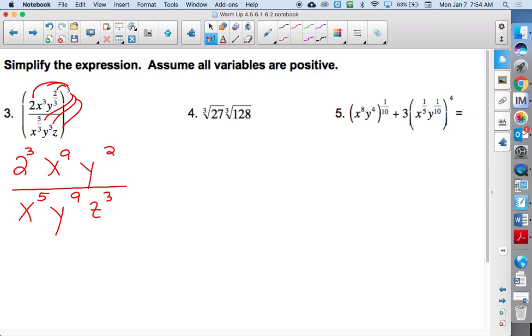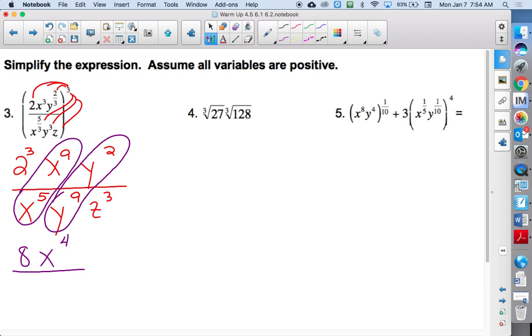So simplifying it a little bit here, Maggie, what is 2 cubed? 8. And then looking at the x's, what does that become? Good, x to the 4th. And then the y's, the larger y is on the bottom, so that y would become what, Maggie?